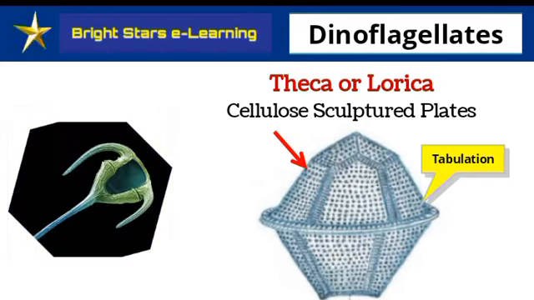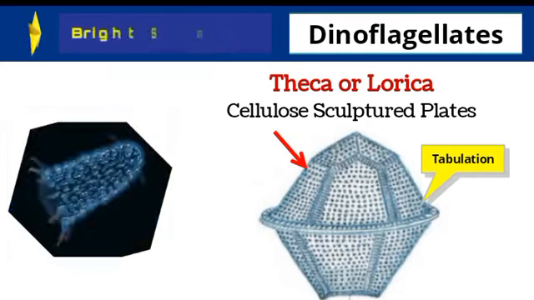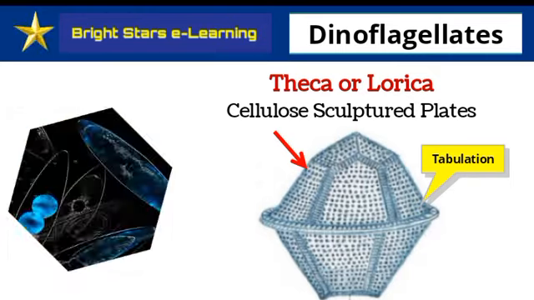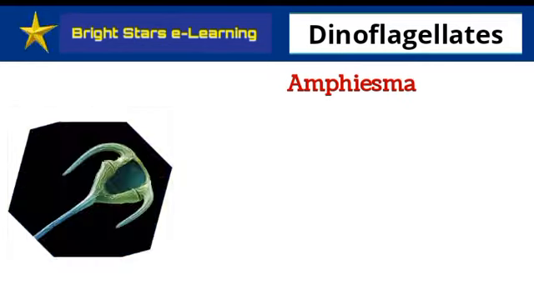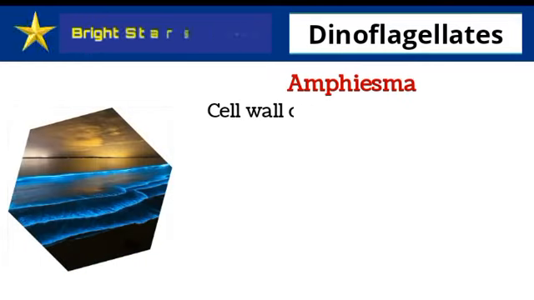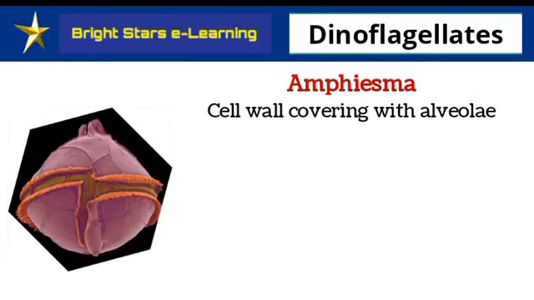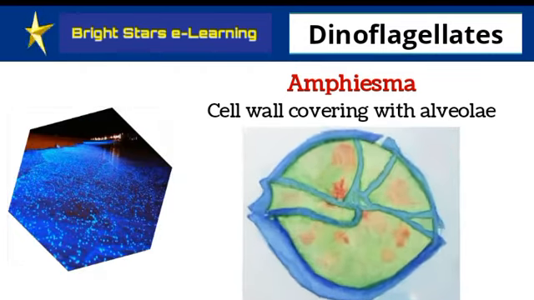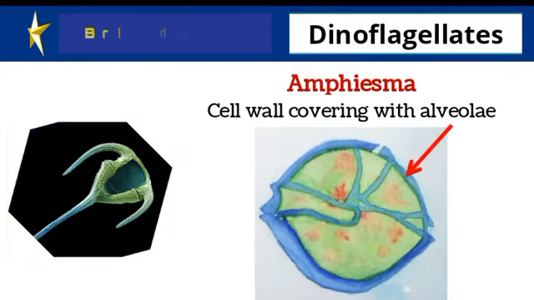Scientists classify dinoflagellates on the basis of these sculptured plates through a process called tabulation. Amphiesma is the outer covering over the surface of the cell wall with the alveoli. Like this you can see amphiesma.